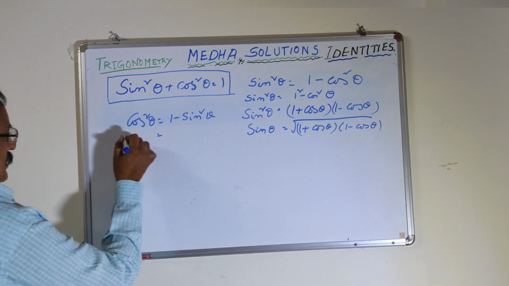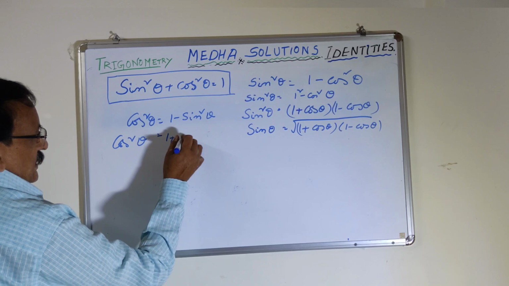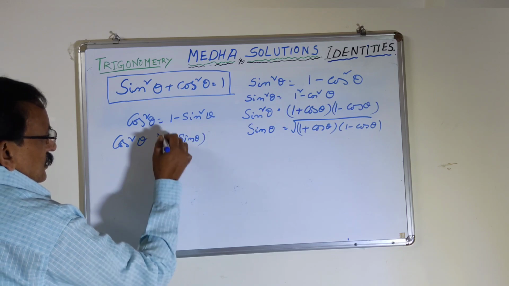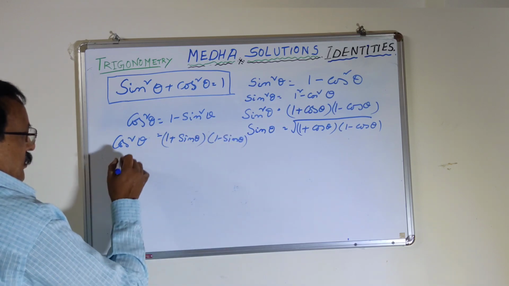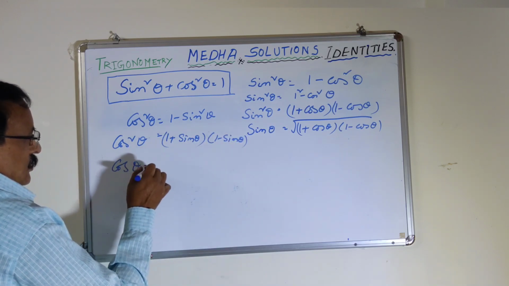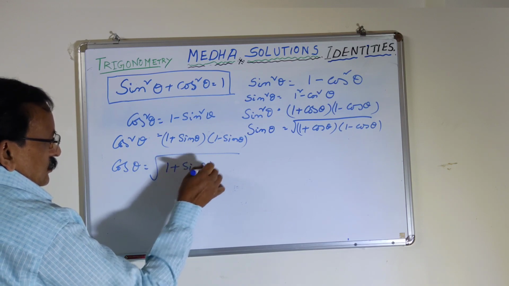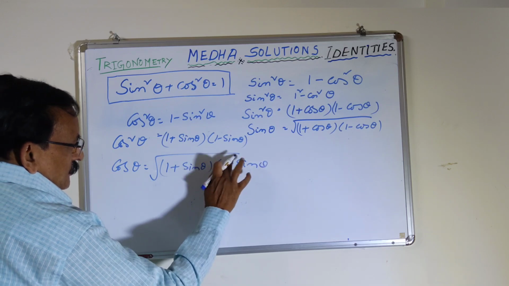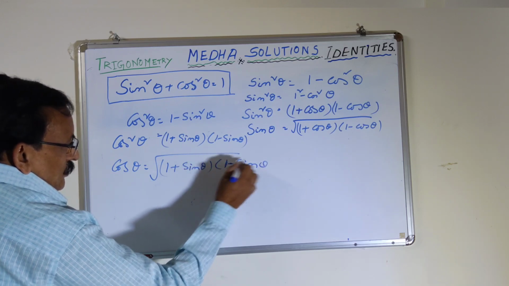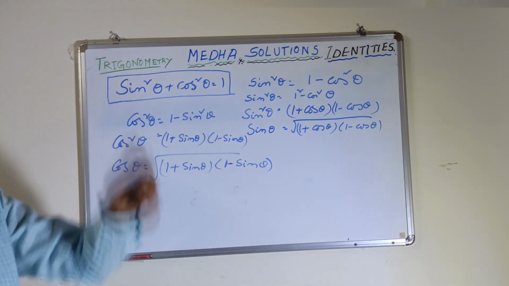Again, cos square theta is equal to 1 plus sin theta into 1 minus sin theta, so cos theta is equal to root over 1 plus sin theta into 1 minus sin theta. Like this also we can convert. These are called conversions.